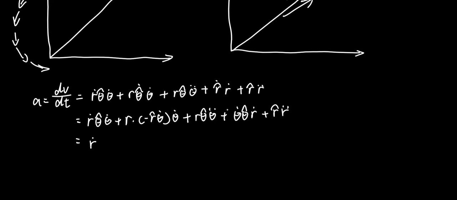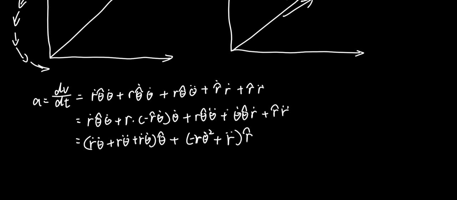So this becomes 2 r dot theta dot plus r theta double dot times theta hat, plus minus r theta dot squared plus r double dot times r hat.